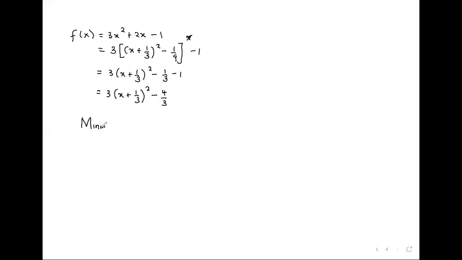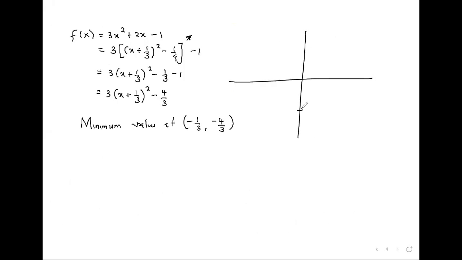It has its minimum value at negative 1 over 3, comma negative 4 over 3. What this means is if I was to sketch at negative 1 over 3, comma negative 4 over 3 here, the function will have a minimum.